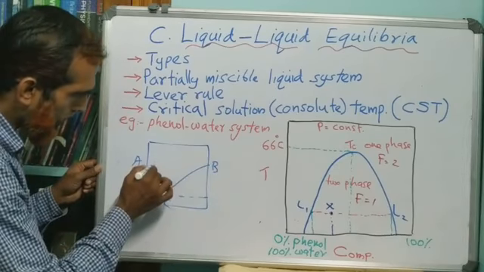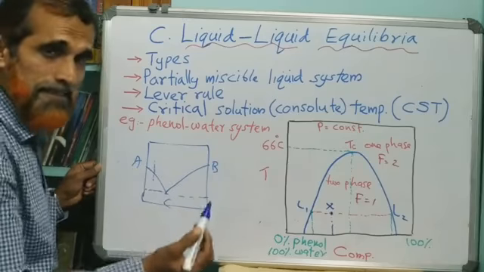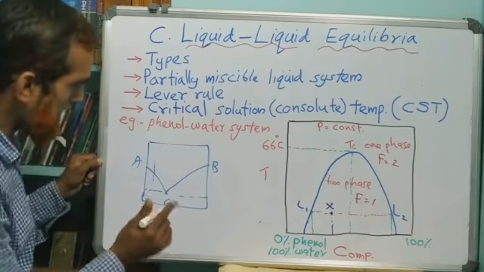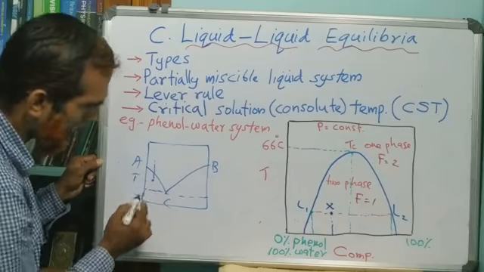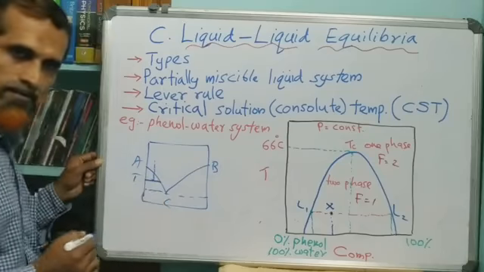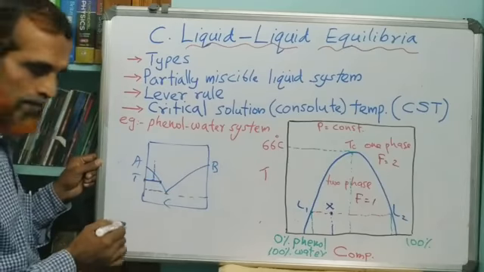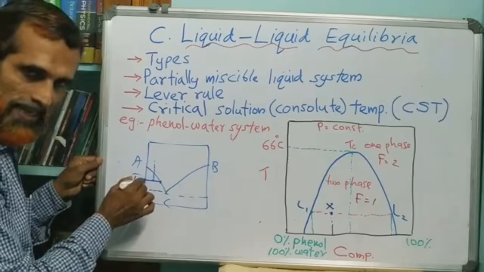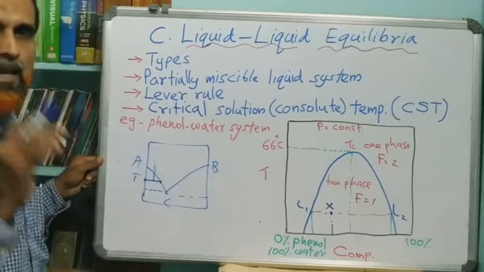If you cool down a melt, solid A separates out in equilibrium with the liquid melt. Suppose you are somewhere here for this temperature, you draw a tie line, correct? And you get two points. This point is solid A. This point is the composition of the remaining liquid melt.